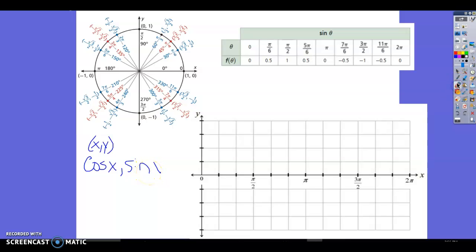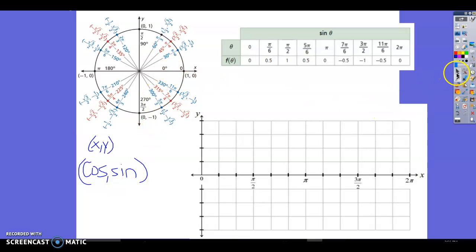Sorry, sine is your y. I'm not going to put x's and y's, I'm just going to put cosine and sine. All right, so it's like an ordered pair. Your x value is first, your cosine is first, your y value is second, your sine value is second.